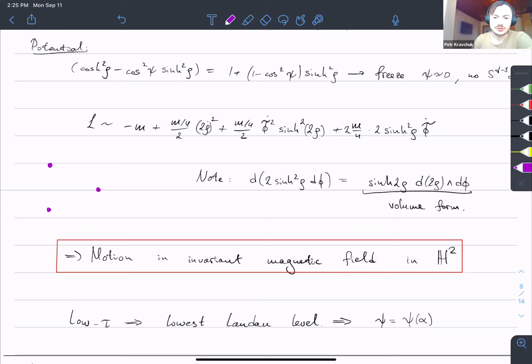And then you might be worried that no matter how you start, maybe there is a situation in which these three particles will eventually get close to each other and your approximation will break. But this actually tells you that this doesn't happen, because no matter whether two lowest Landau levels repel or attract, they don't approach.